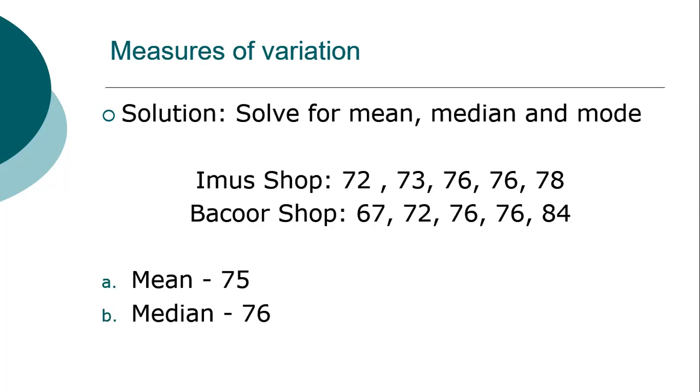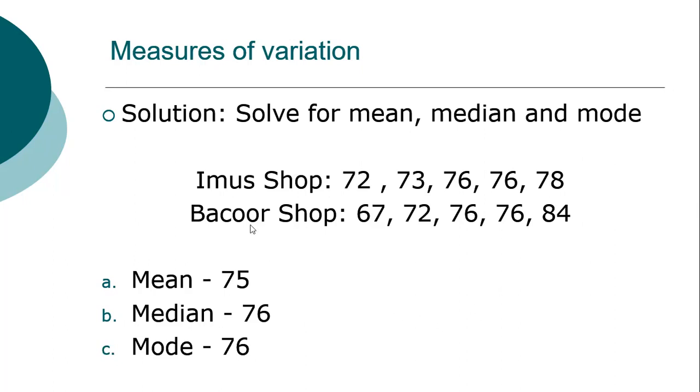Solving for the mean, para mapabilis, if we use the arithmetic mean, magiging 72 plus 73 plus 76 plus 76 plus 78 divided by 5. Lalabas na parehas sila na ang mean nila ay 75, at ang median nila ay 76 and ang mode nila ay 76.